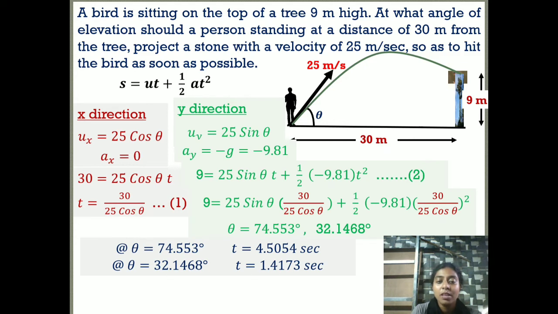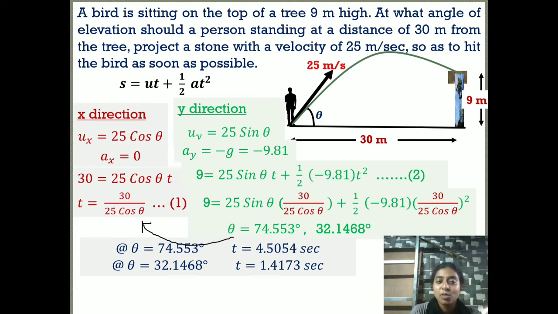Now substitute the value of theta in equation 1. When theta is equal to 74.553 degrees, t is equal to 4.5054 seconds, and when theta is equal to 32.1468 degrees, t is equal to 1.4173 seconds.